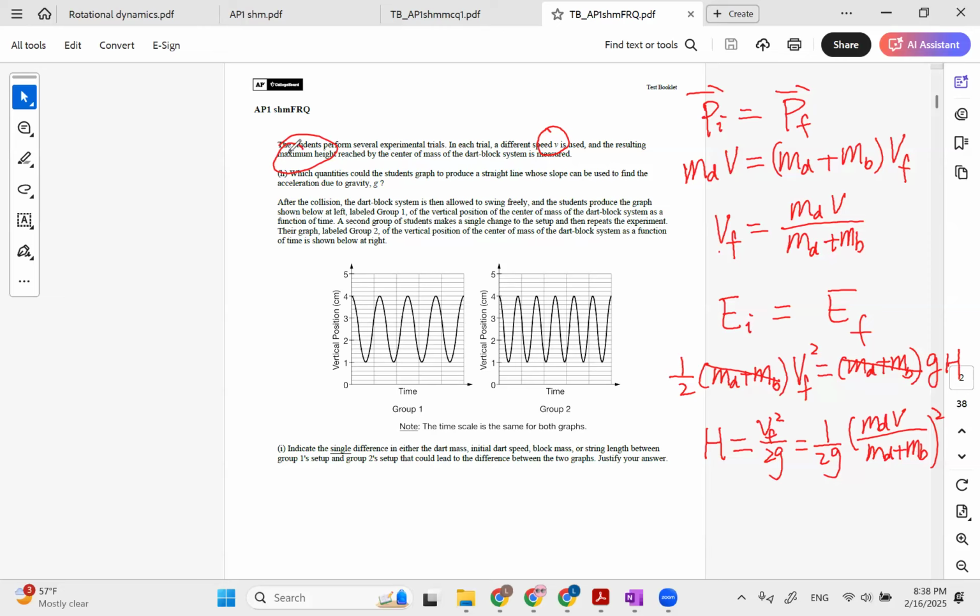What quantity? You want to get a straight line. Does it make sense? V squared.